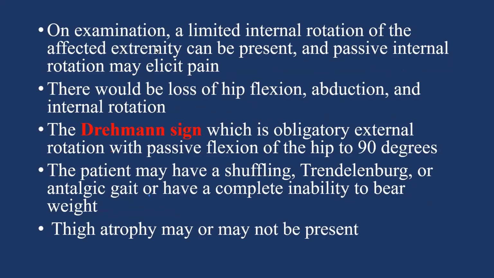On examination, a limited internal rotation of the affected extremity can be present, and passive internal rotation may elicit pain. Why? When you begin to have a slip, the whole lower femur goes into external rotation, and therefore you'll have limitation of internal rotation.